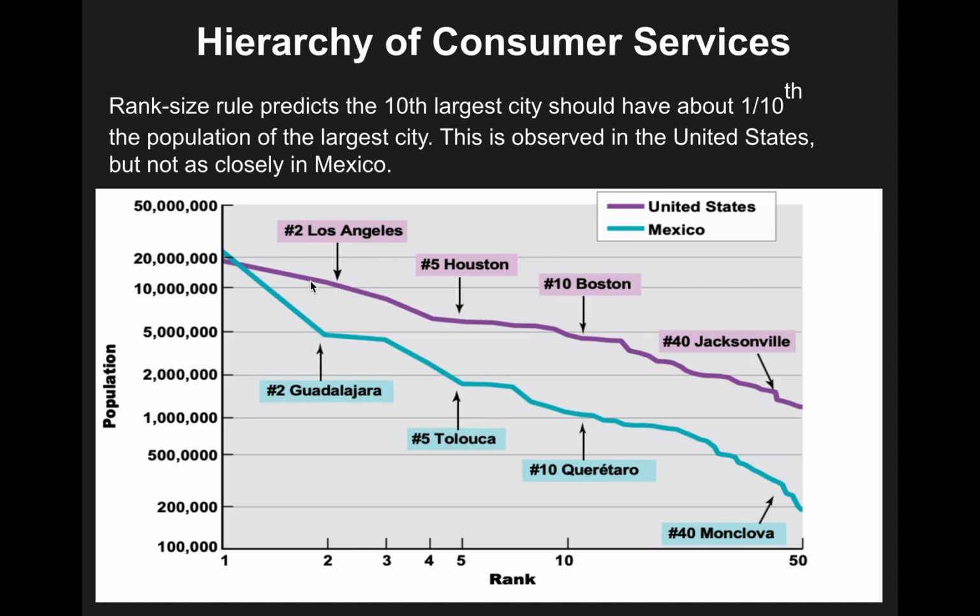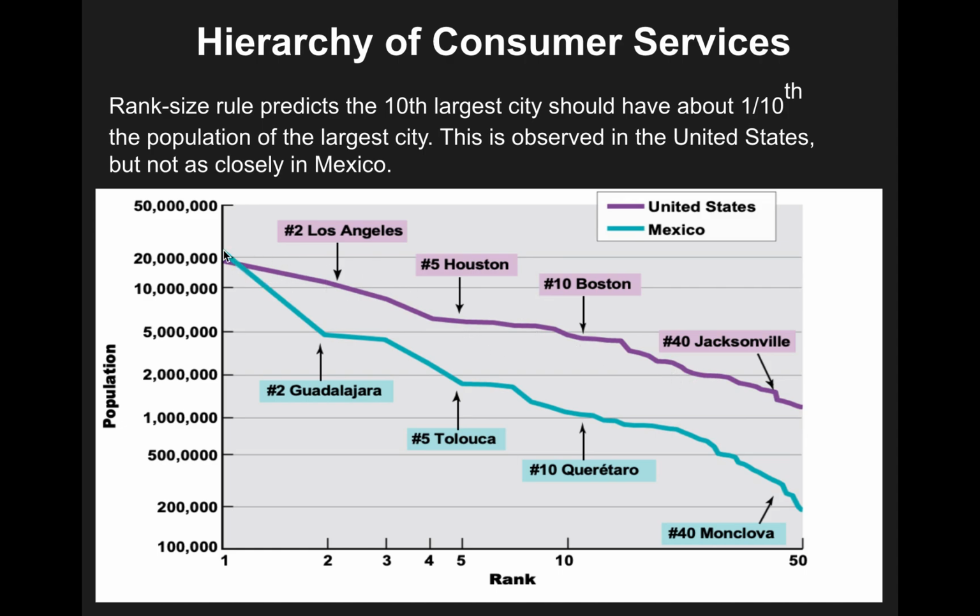So it doesn't have to be an exact line that goes upper left to lower right, but it roughly follows that logarithmic line that slants downward to the right. And so we can see that the United States follows the rank size rule. So Houston, the 5th largest city, should be 20 million people divided by 5, so roughly 4 million, but it's 4 to 6, so it doesn't have to be exact. We can see it follows the rank size rule.